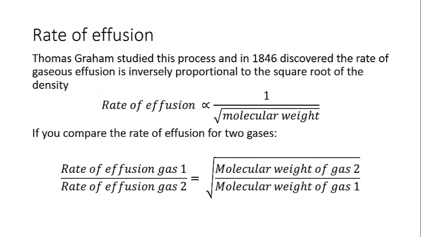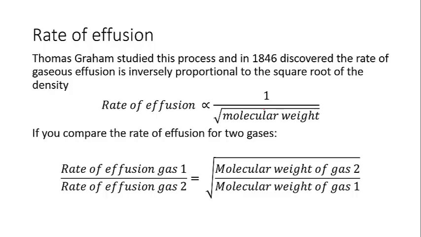Now, Thomas Graham was the one who studied this process, and in 1846, he discovered the rate of gaseous effusion is inversely proportional to the square root of the gas's density. When we state Graham's law of effusion, we like to state it in terms of molecular weight.